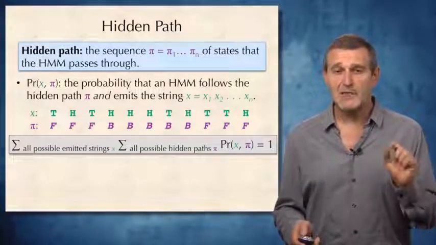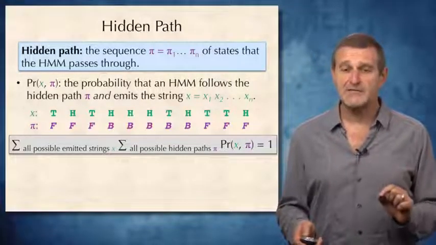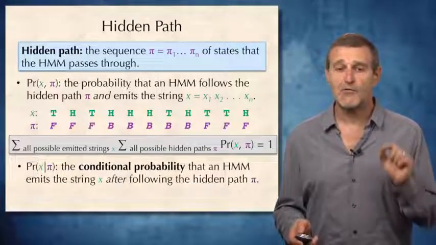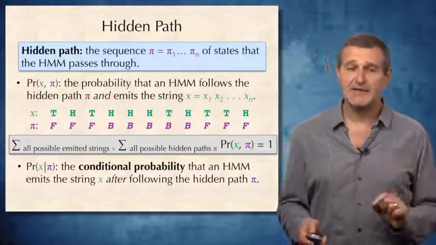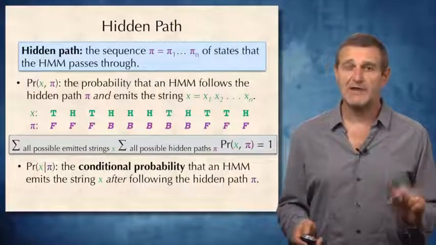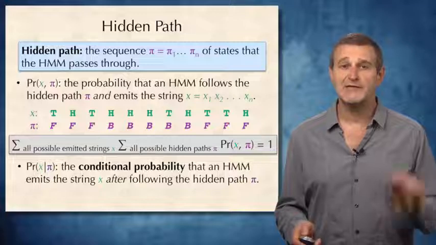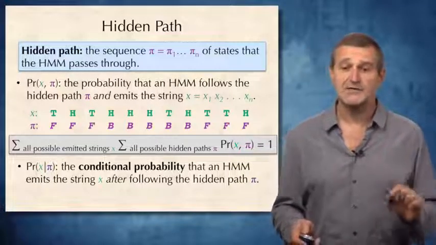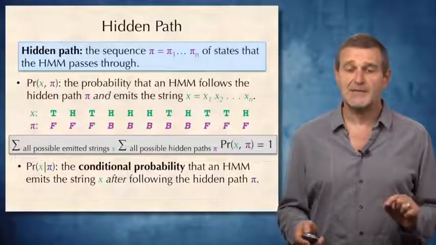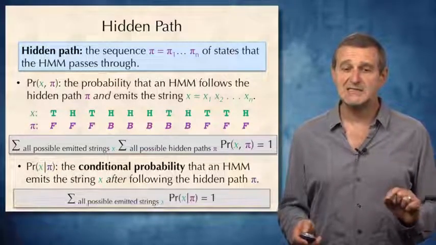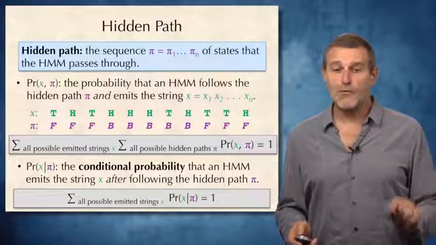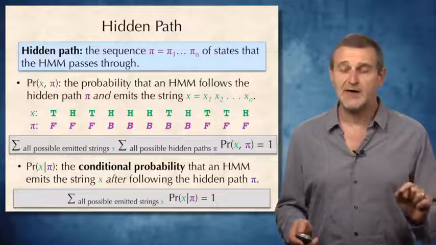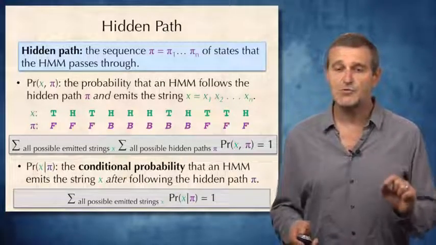To compute the probability of x, pi, we will need to introduce one more notion, which is the probability of x given pi. The probability of x given pi is the conditional probability that an HMM emits the string x after following the hidden path pi. Please note that in this case, the sum over all possible emitted strings of the probability of x given pi equals 1.